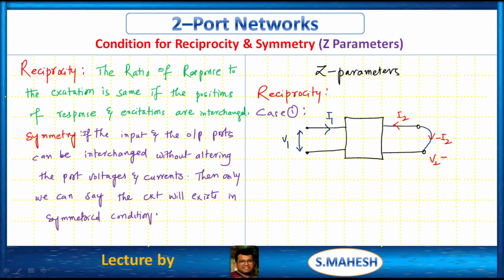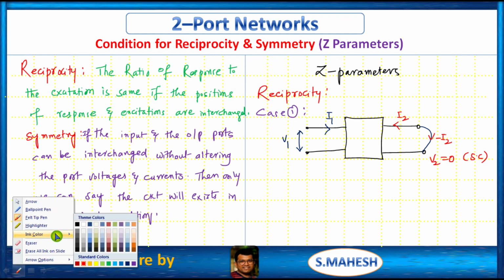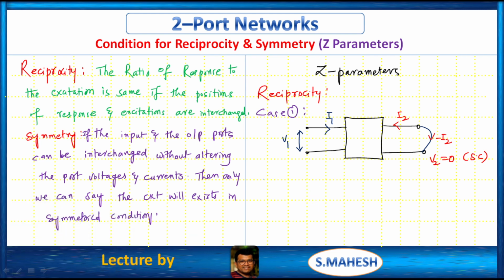Here V2 is equals to 0, short circuited. From this we can get ratio of response to the excitation, which is I2 by V1. Now from this model, we can get I2 by V1.